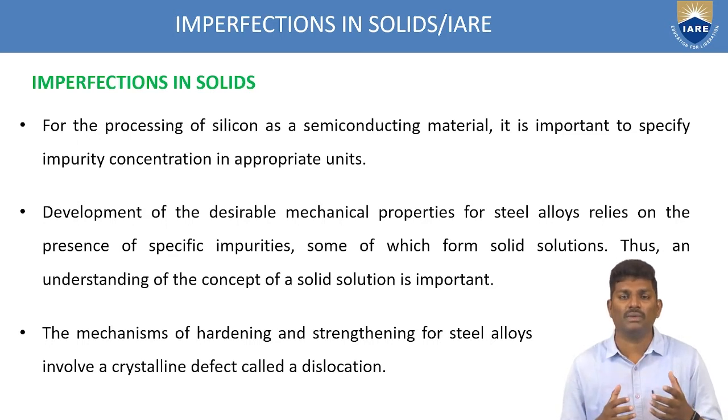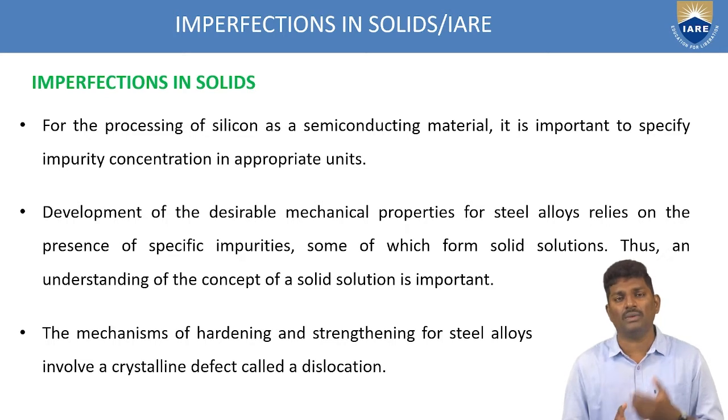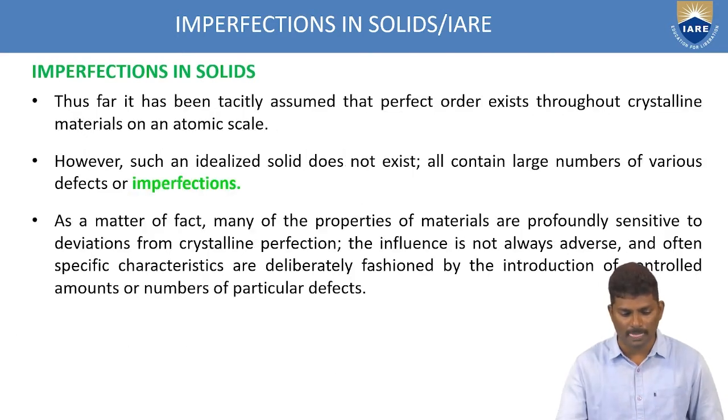So that's why one needs to know the type of impurity or type of defect in order to control all these properties, and you need to quantify how much impurity is present in that material for the given application. Everybody knows that there is no 100% pure material, yet thus far it has been tacitly assumed that perfect materials exist.